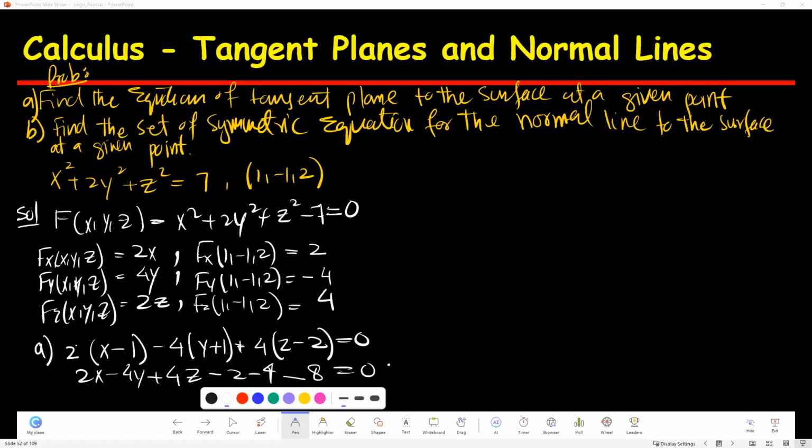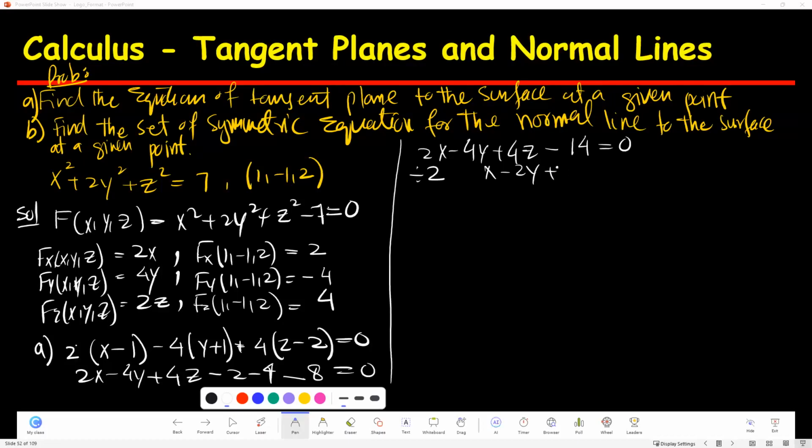We can further simplify this equation, and the equation probably looks like 2x minus 4y plus 4z minus 14. Can we further divide by 2? So it's going to be x minus 2y plus 2z minus 7 equal to 0. And that's pretty much what we got.